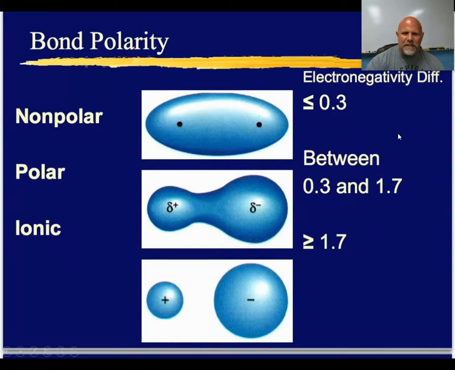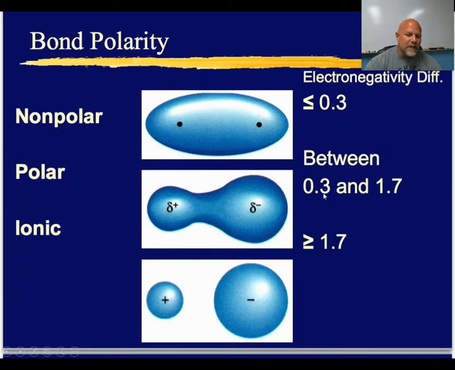So how do we name these things? Whether something is non-polar, polar, or ionic really is just a matter of where we say it fits in. For something to be considered non-polar, the two nuclei don't have to have exactly the same electronegativity, but as long as the difference in electronegativity is less than 0.3, you end up with what we call a non-polar bond.